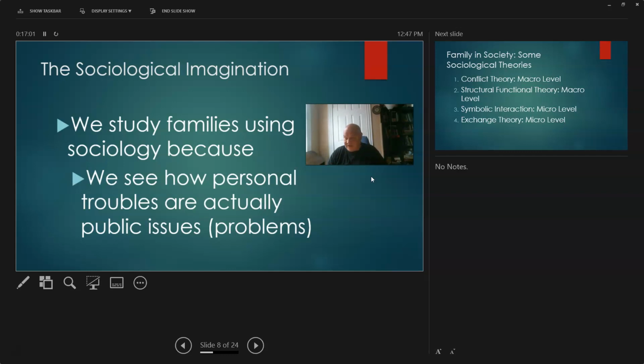It's an individual and a family kind of personal trouble issue. Families often are faced with painful decisions about having to isolate someone because of their behavior, etc. These are also public issues. We've had an opioid crisis in this country for a few years that seems to be spiraling out of control.